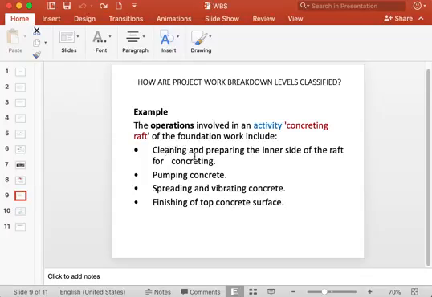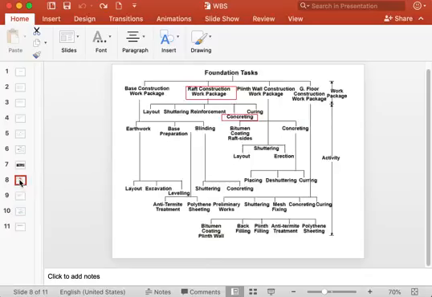So you can see here this raft concreting activity.